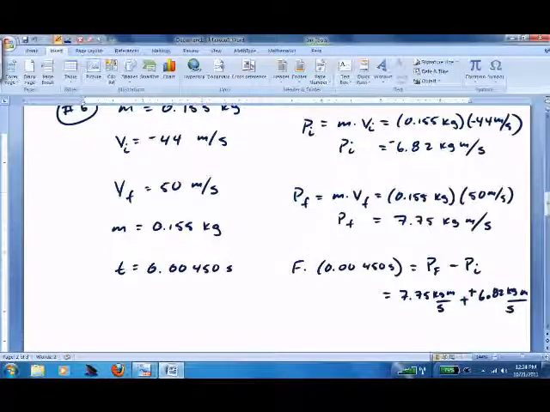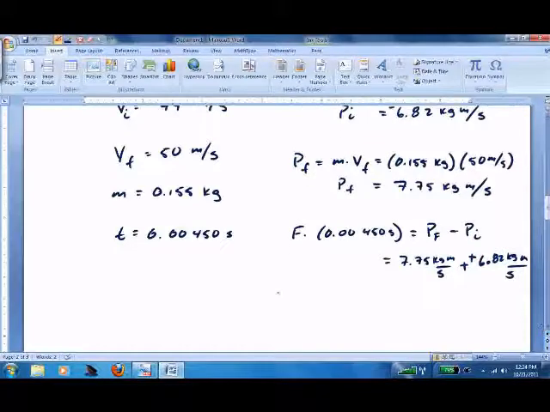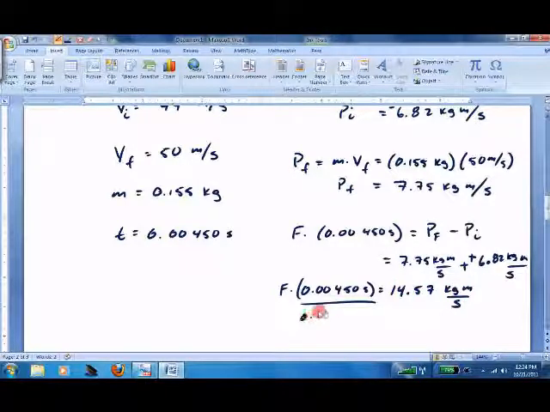Negative, negative is a plus. So we know that force times 0.00450 seconds equals 14.57 kilogram meters per second. Divide both sides. I'm going to get a sizable number here.